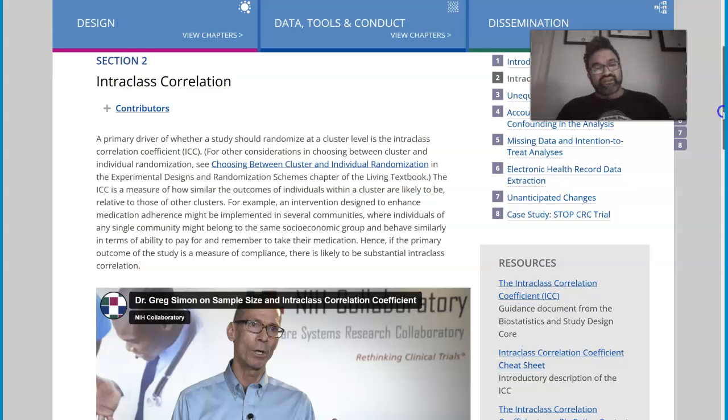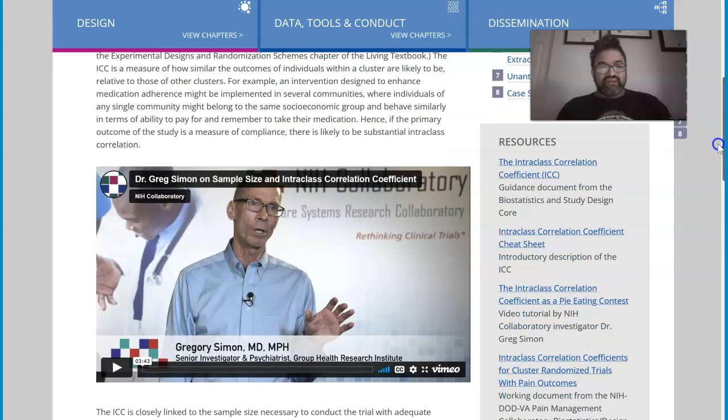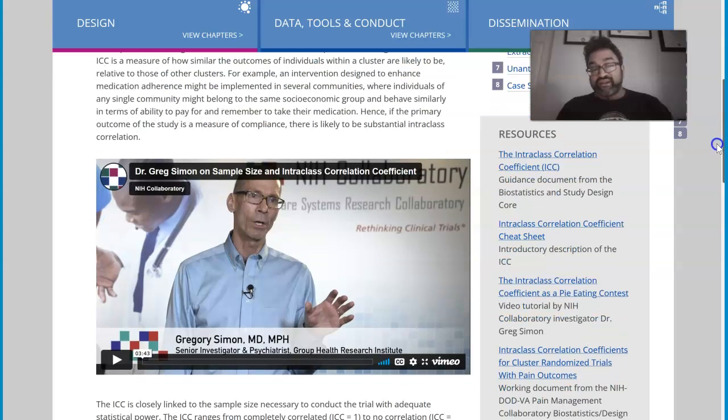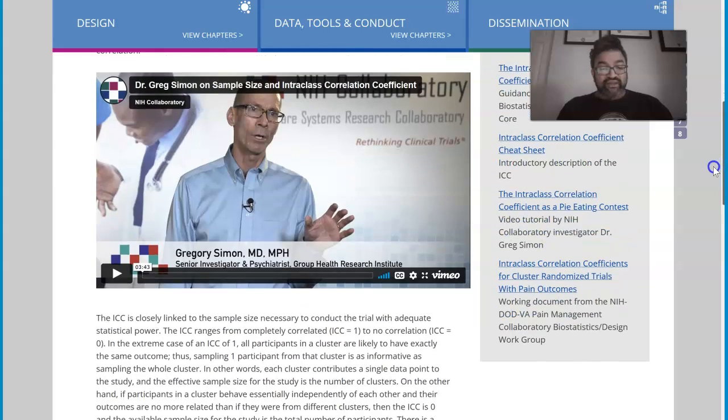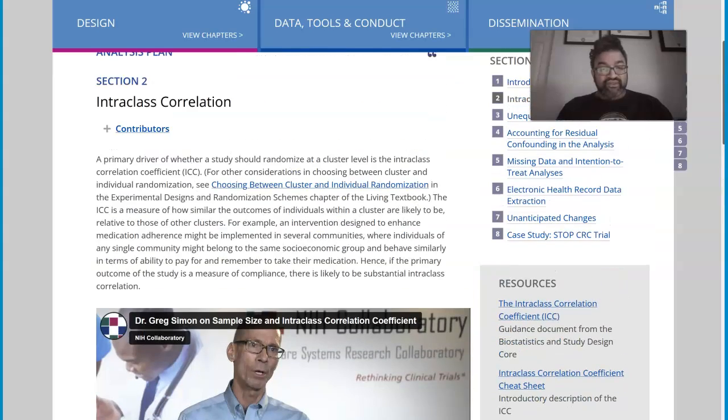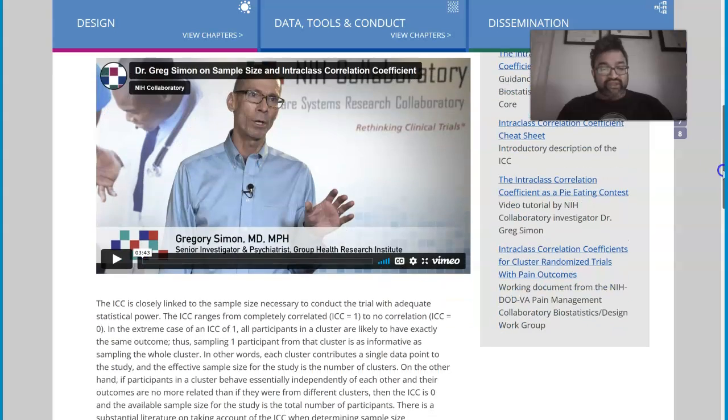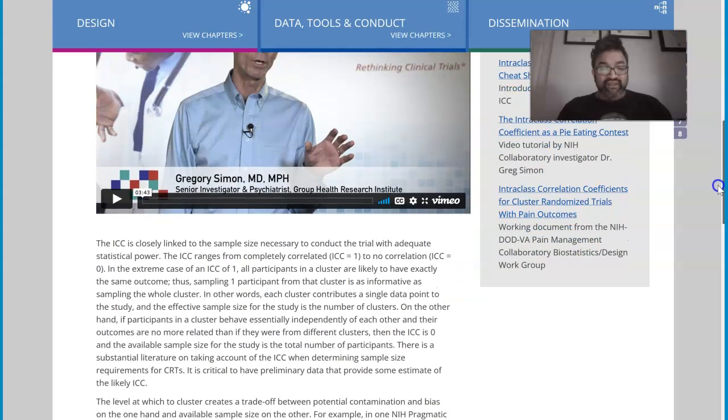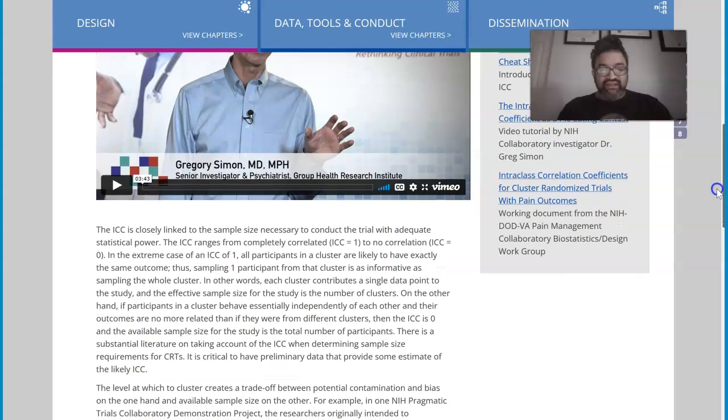So randomization is obviously one of the fundamental things in controlled trials, but there's this intraclass correlation coefficient that you can use, and obviously if it's 1, then it's completely correlated. 0, no correlation.